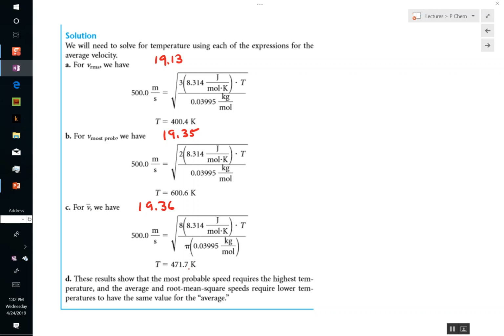These are similar. This one's quite a bit different. And if you compare all of these, this one is the square root of 3RT over M.